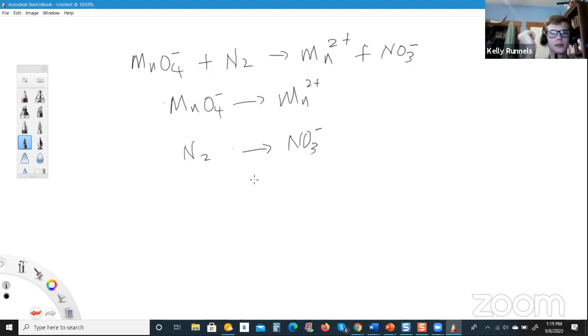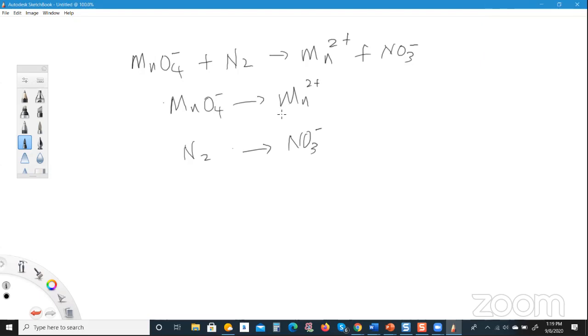You balance all atoms excepting oxygen and hydrogen. In the case of the first half equation, you have one manganese here, so you don't need to do anything. But in the second half equation, you have two nitrogens here and one nitrogen there.